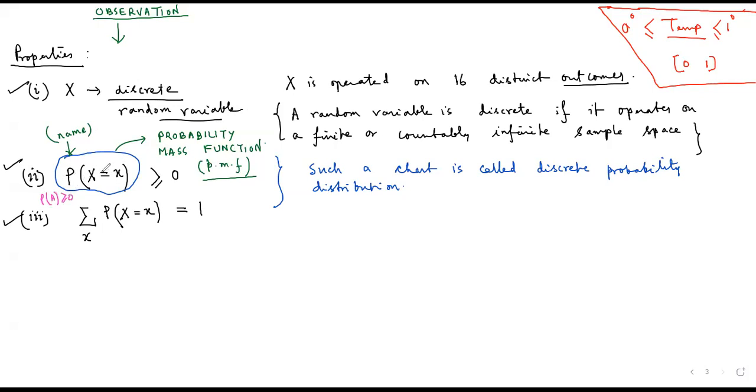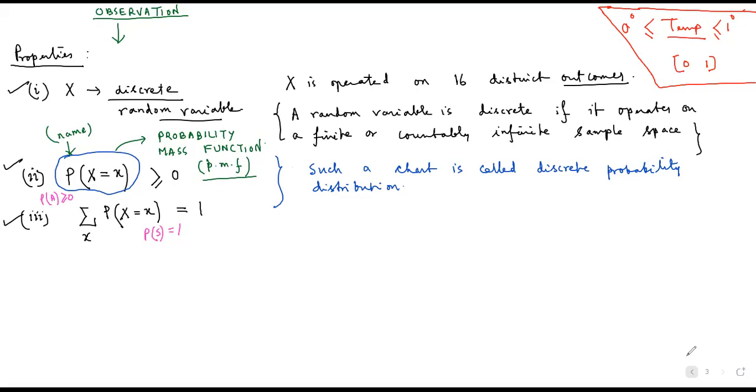Here I have written the probability of this event is greater than or equal to 0. In the axiomatic approach, I wrote probability of S equal to 1. Here I have written the total probability is equal to 1. So everything comes from the axiomatic approach. It is not that something different is being taught. I have changed the name only.